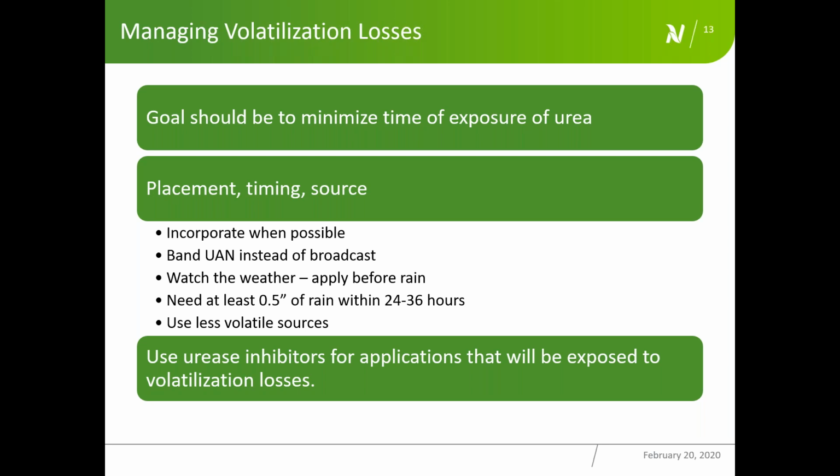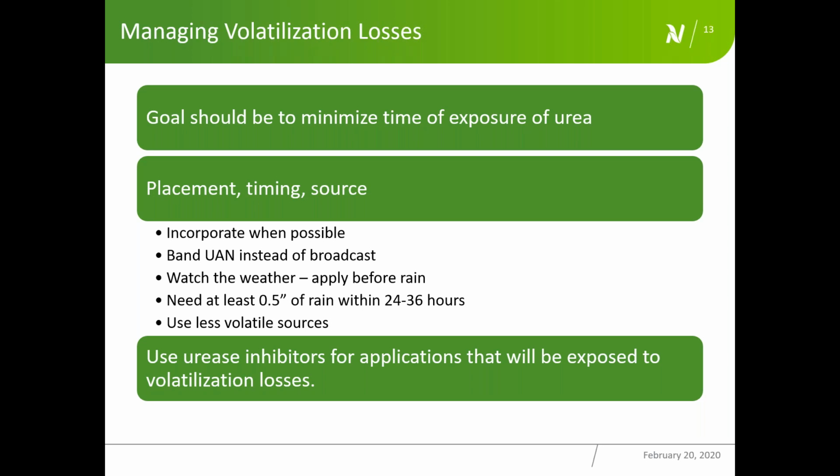But another option is to use urease inhibitors with that urea that's going to be surface applied. If we know we're going to apply urea or UAN solutions that contain urea on the soil surface and we're not going to be incorporating, it's typically advisable to use a urease inhibitor to treat that urea or UAN.